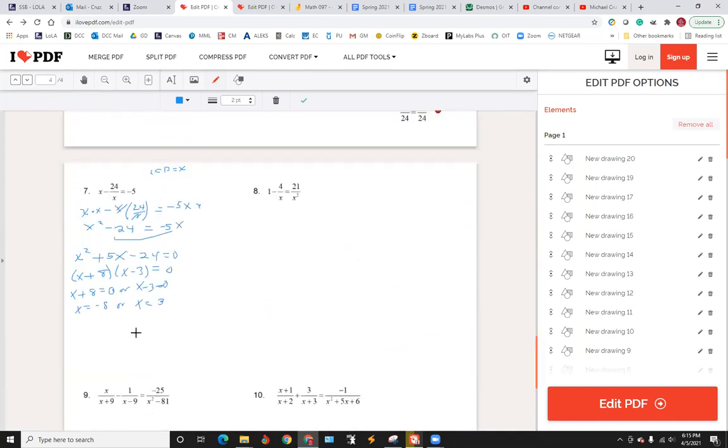All right, so let's just spot check. Let's say we got -8 minus 24 over -8, and that's going to be positive. So this is -8, and that's negative by negative, so that's +3.